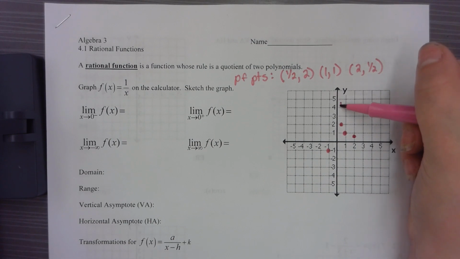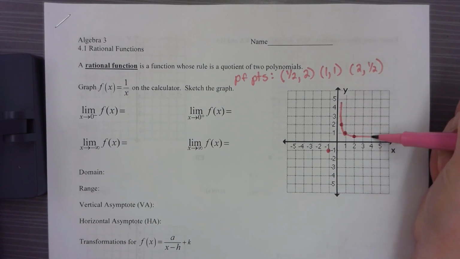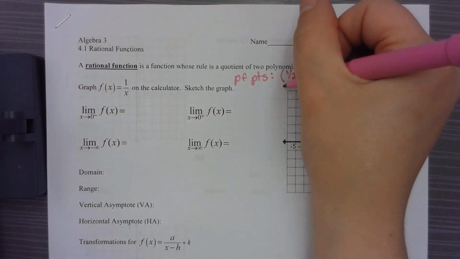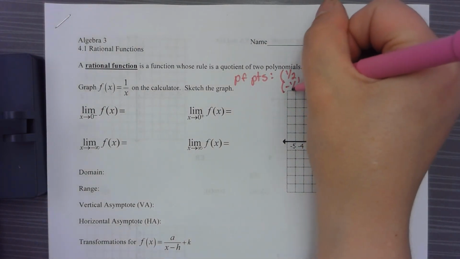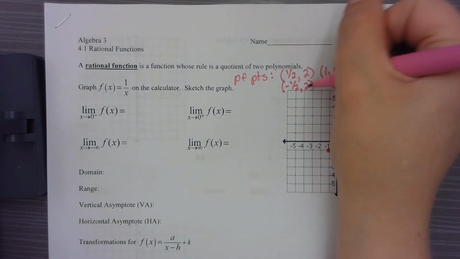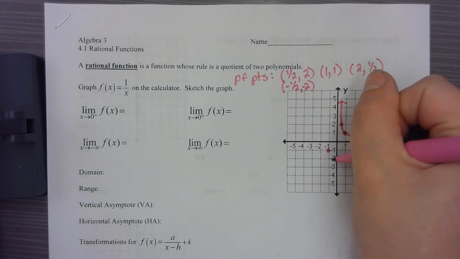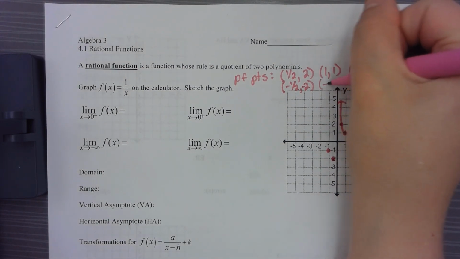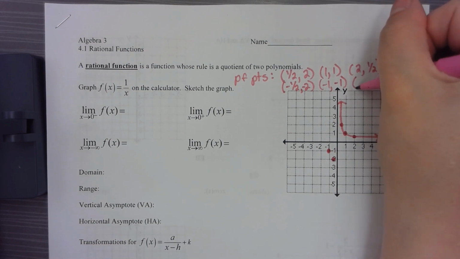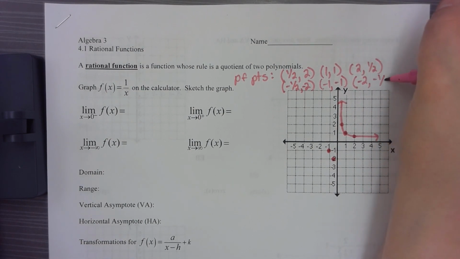That creates a leg that looks something like this. And then on the other side, it also has the points (negative 1/2, negative 2), (negative 1, negative 1), and (negative 2, negative 1/2).